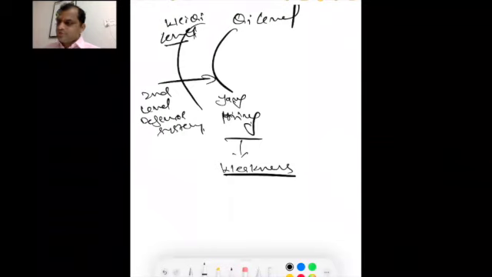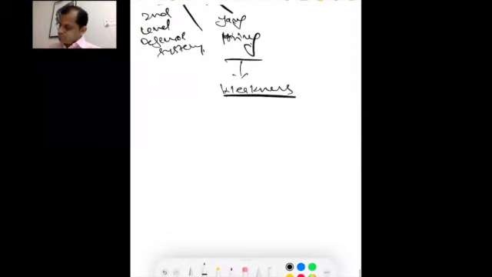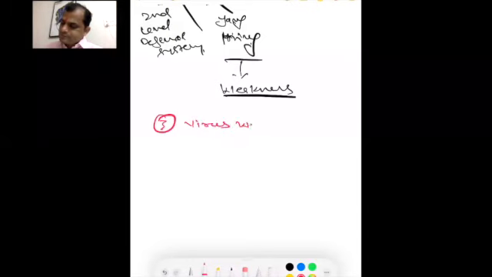If we don't treat, then this condition will turn into the third one now. Virus will attack on the third level.